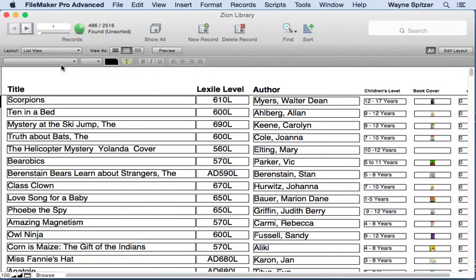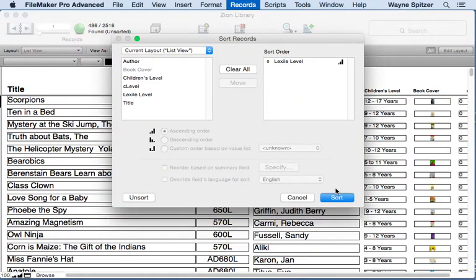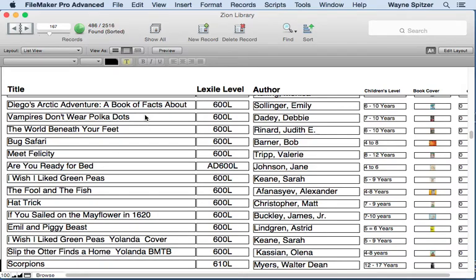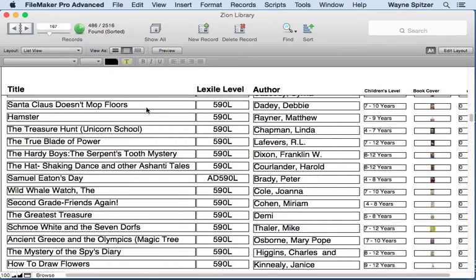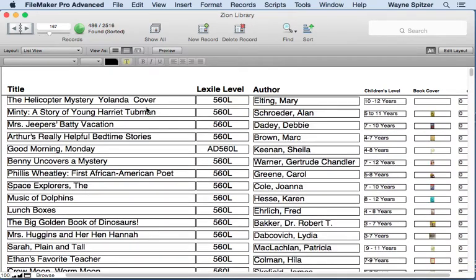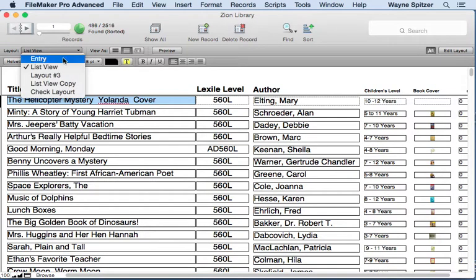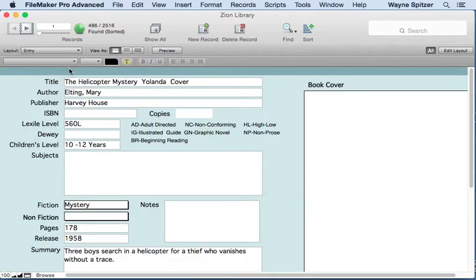Okay, let's get the list view and let's sort. A lot of books. Well, here's a book that needs the book cover. Some of these we still have work to do. So in other words, the book cover is missing. That means we have to scan in the book cover. We couldn't get it on the internet.